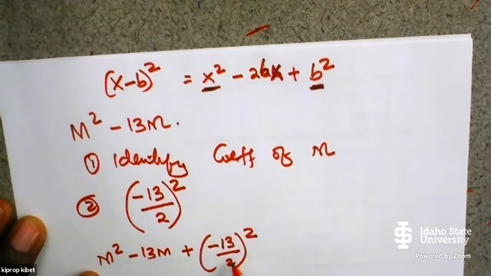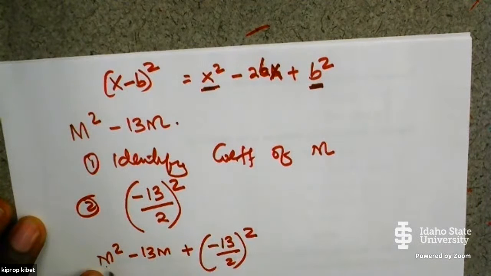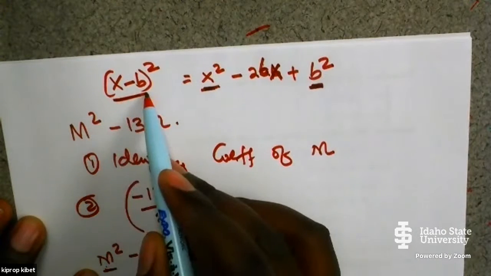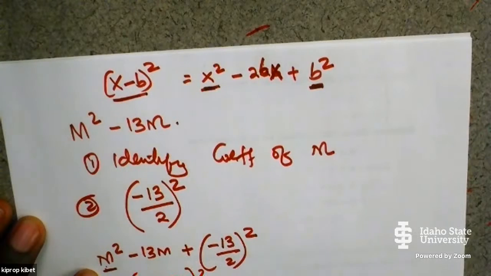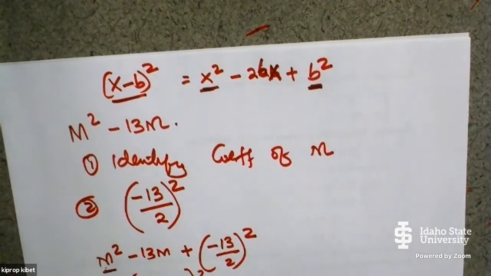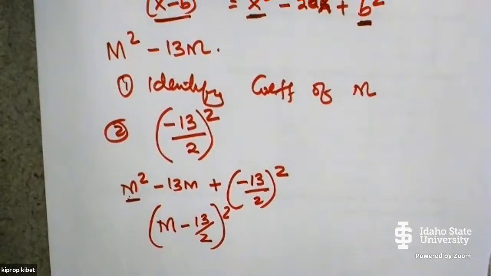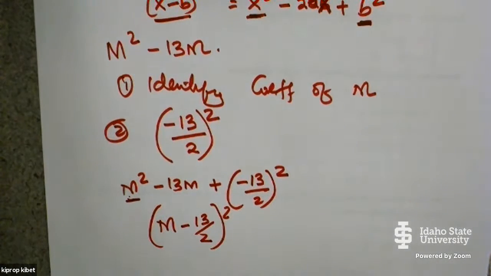So in our case we take m, because there is a minus here. Then it will be of this form: m minus 13 over 2, that is now the binomial square.